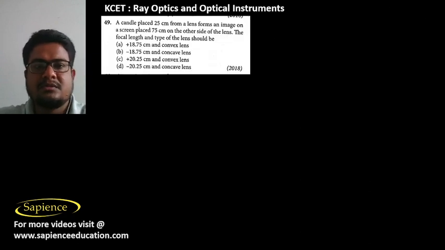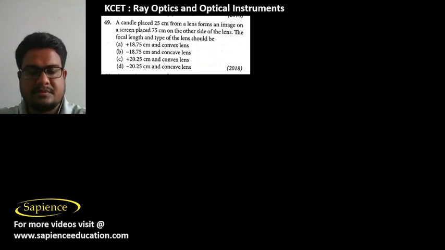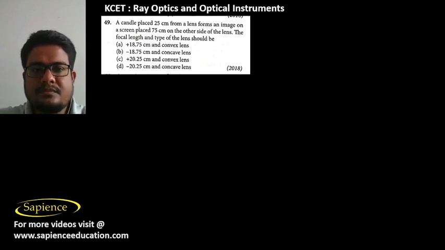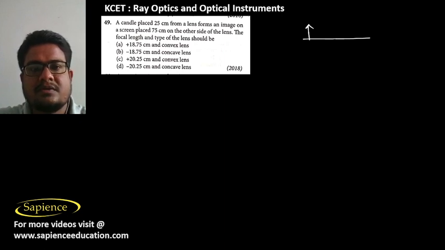Question number 49. A candle is placed 20 centimeters from a lens and forms an image on a screen placed 75 centimeters on the other side of the lens.